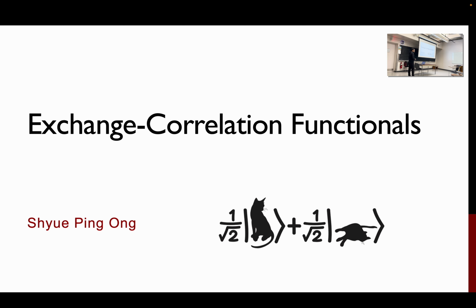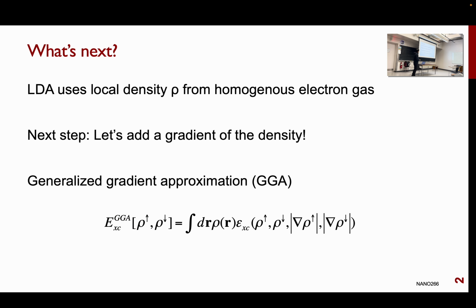In the local approximation, I'm just assuming that my exchange correlation energy is related to my density at every single point in space, right? So the next obvious extension to LDA is basically to add a gradient, right?